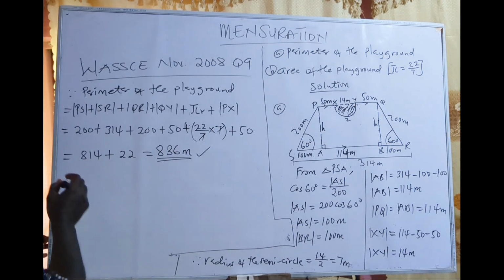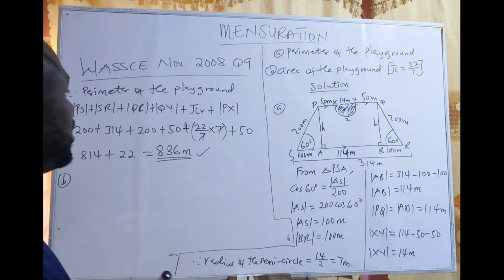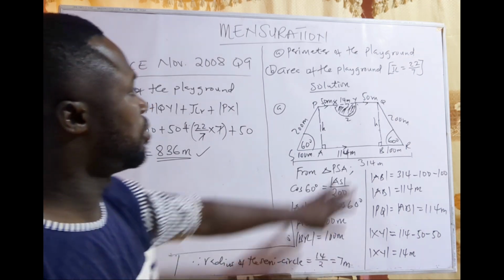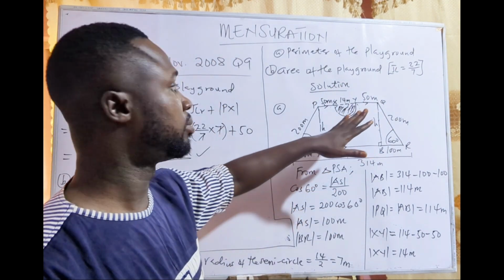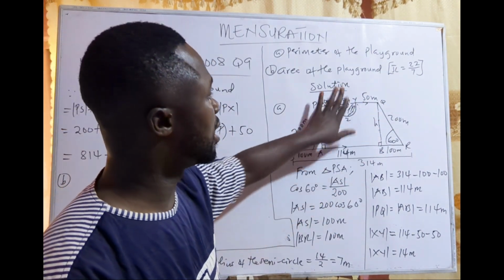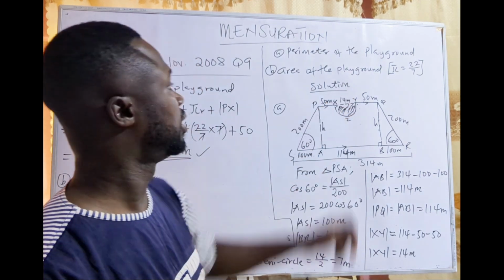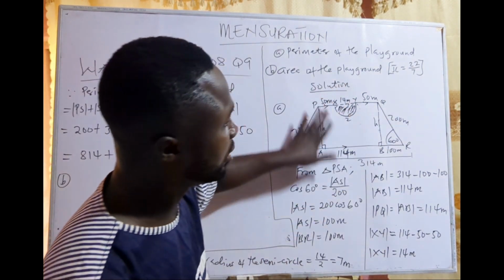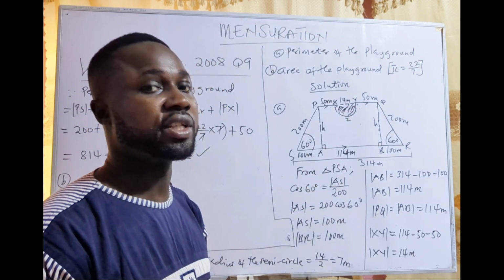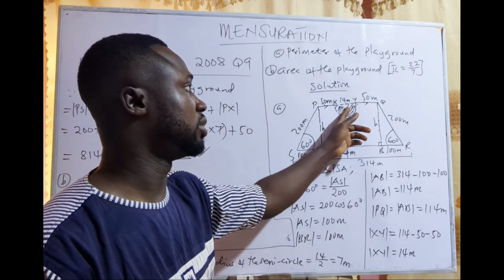Okay, B. Area of the playground. So the whole playground is a trapezium, and then there is a semicircular portion here which has been removed. So you calculate the area of the trapezium minus the area of the semicircular portion here.